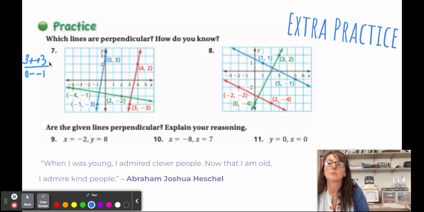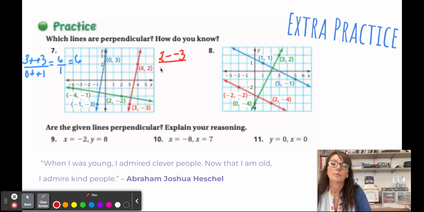Okay, so 3 plus 3 equals 6, and 0 plus 1 equals 1. So this has a slope of 6. The red line has 2 minus -3 and 4 minus 3. So this is equal to 5 over 1.